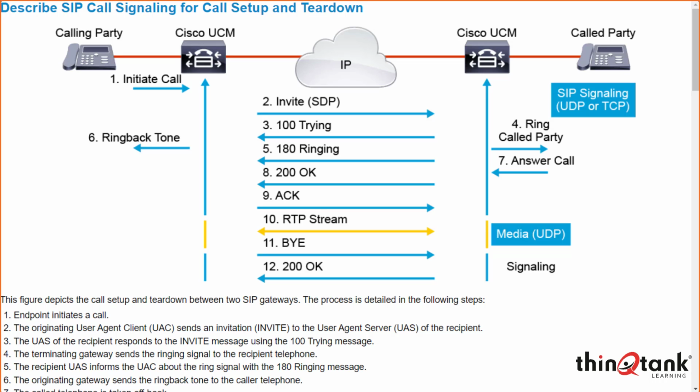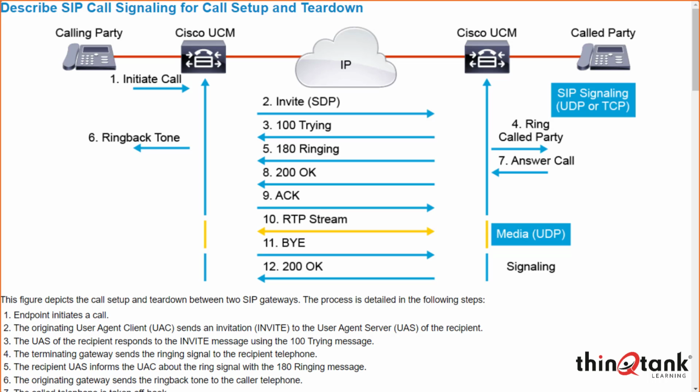The call agents will not participate in the RTP media stream unless you're doing things like conferencing or streaming music on hold, unless the call manager is actually having to participate in terminating the media stream. So basically at this point, the devices establish their RTP sessions directly between them.